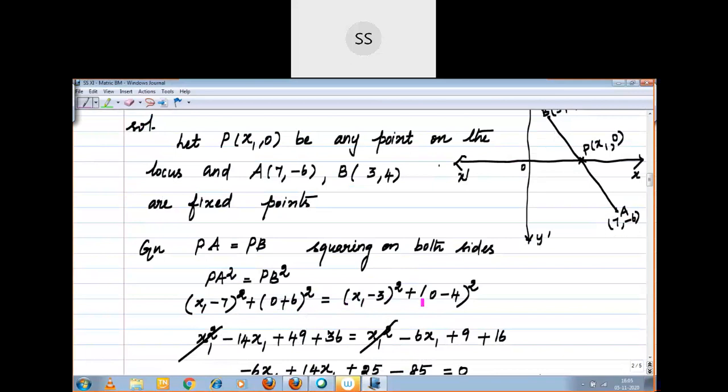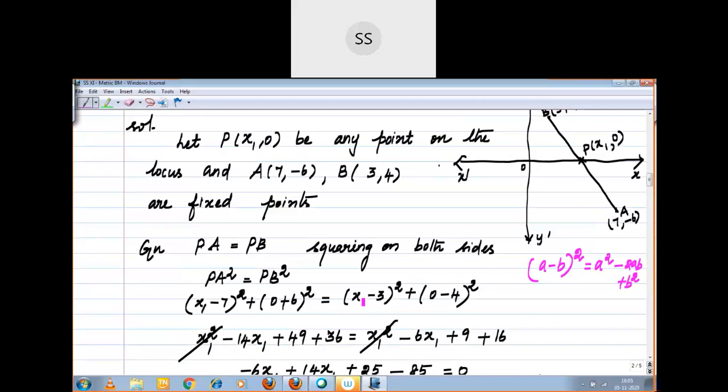Then you connect A and B, the point on x-axis, so we label it P of x1, 0. Let P of x1, 0 be any point on the locus and A of 7, minus 6, B of 3, 4 are fixed points. They said equidistant, so PA equal to PB. Squaring on both the sides, PA square equal to PB square.